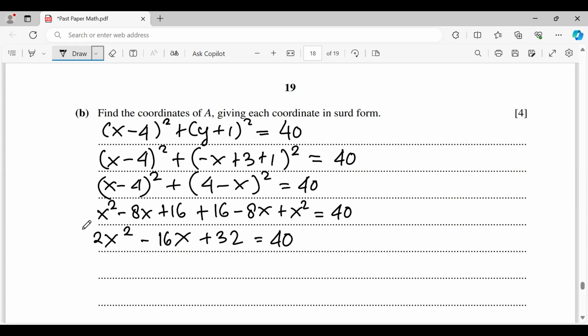And now we're going to work out, 32 minus 40 equals negative 8, right?